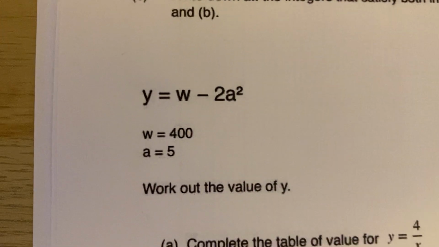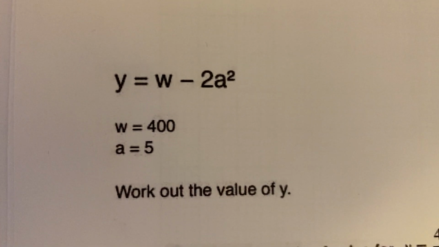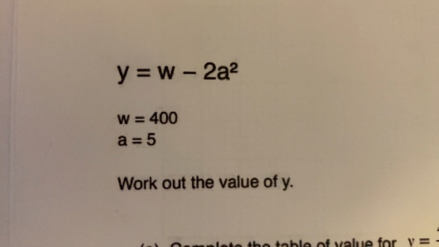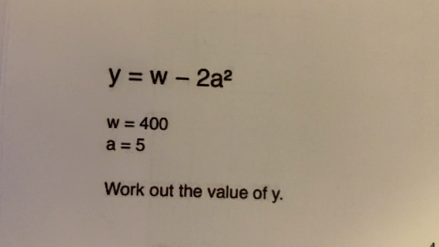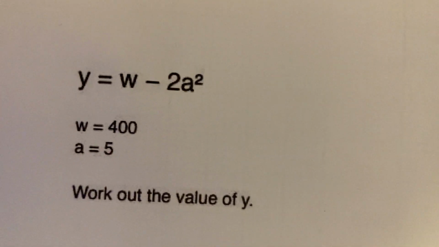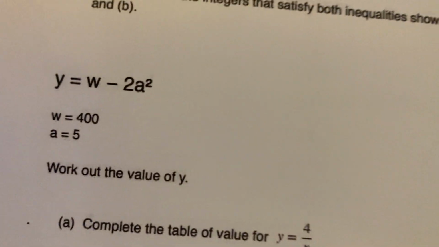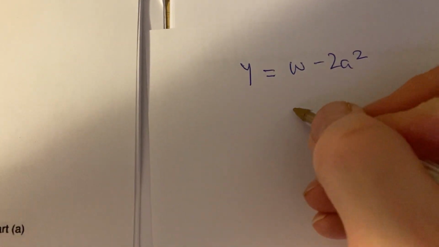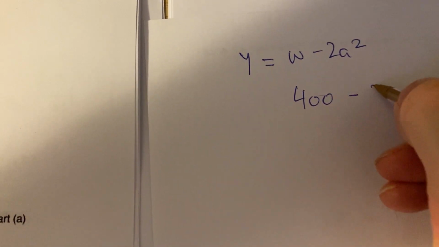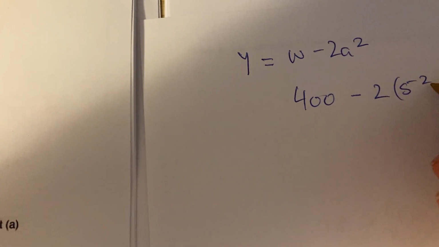Okay. Now here we've got y equals w minus 2a squared. Work out the value of y when we're given this information. So let's just go with that. So we've got y equals w minus 2a squared. w is 400 and a is 5.